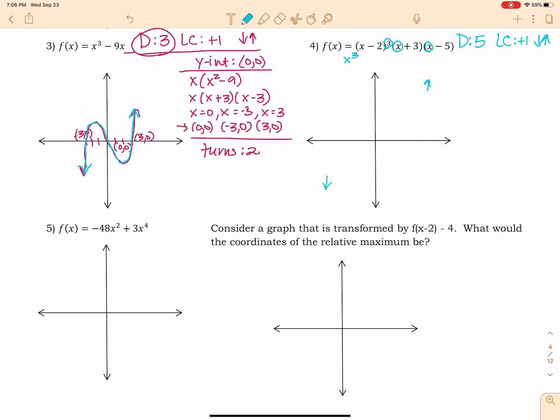All right, so let's continue and look at the y-intercept. Okay, now with this particular problem, if I let all of the x's be zeros, so that would be a 0, that would be a 0, that would be a 0, I'm going to be left with 2 to the negative 3, which would give me negative 8, times 3 times negative 5.